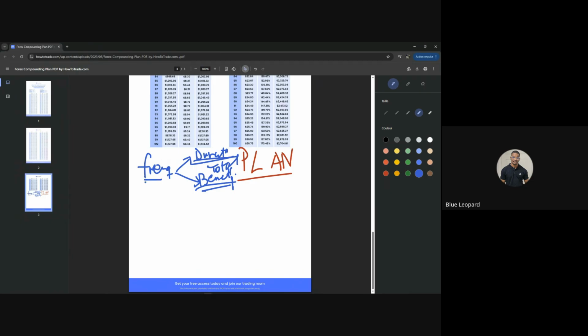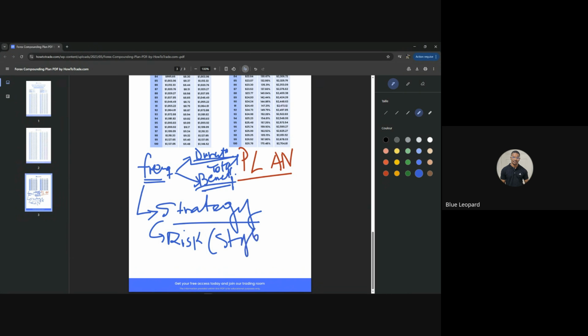But if you go fast, you should take into consideration the strategy, but also the risk must be in accordance with your style. What is the style? The style is scalper, day trade, or swing trade.